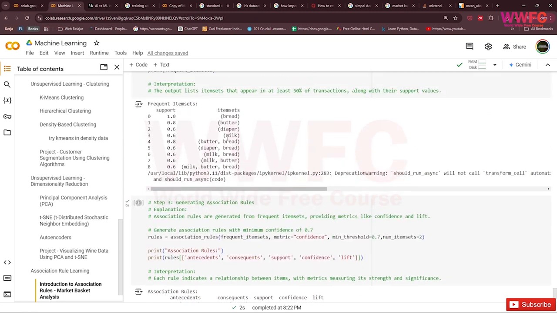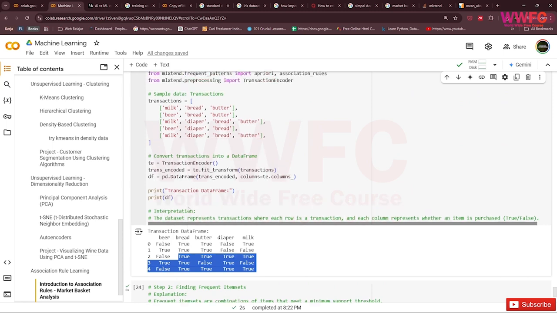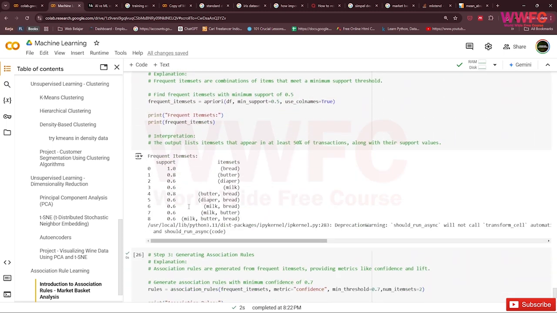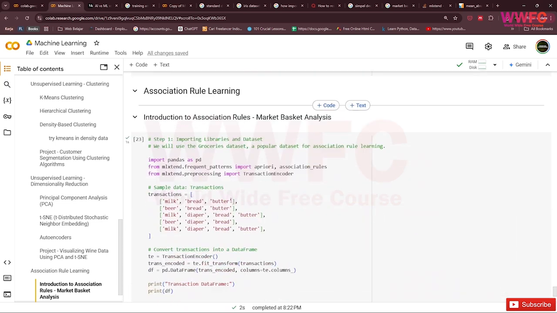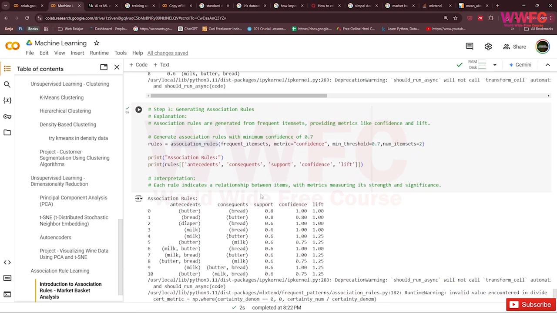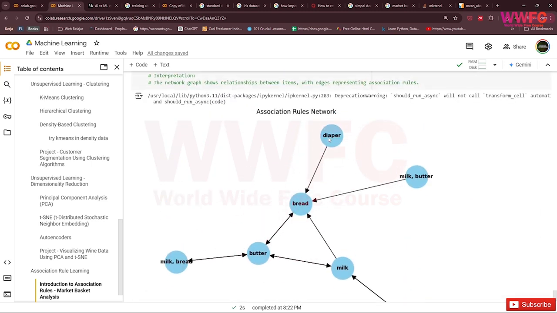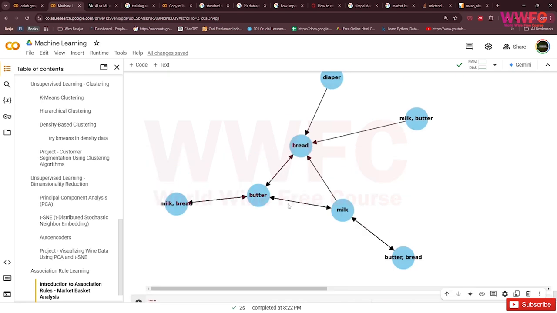This is our data, and we just use simple data, but this is really one of the interesting analyses for me. You use association rules, and here you use frequent patterns, import Apriori, and association rules. You use transaction encoders, make the visualization of the association rules network, and then use the high confidence rules, for example milk and bread, right?